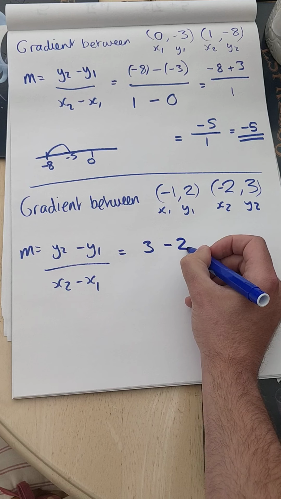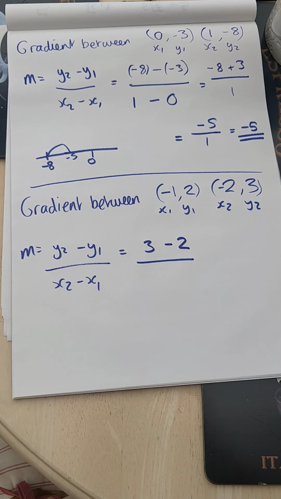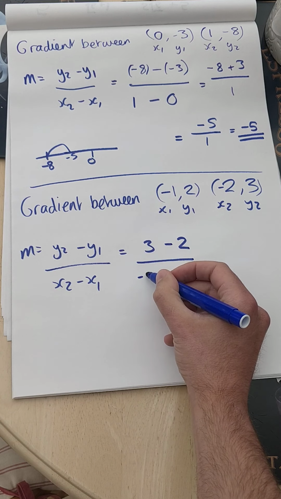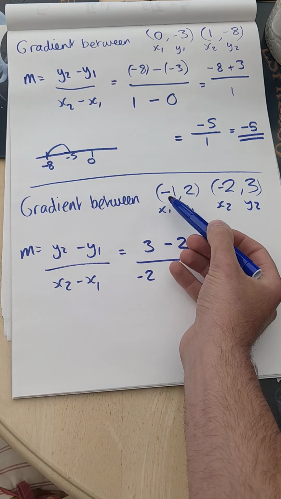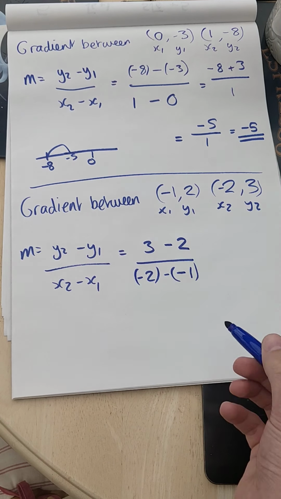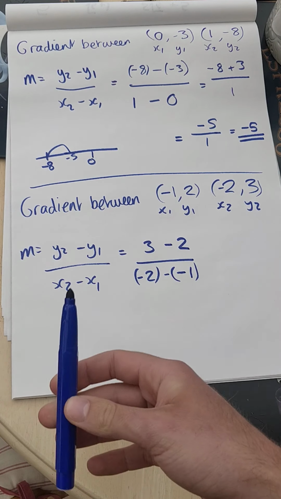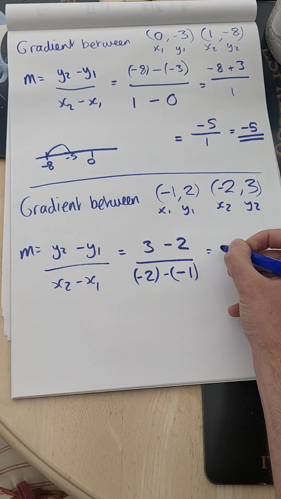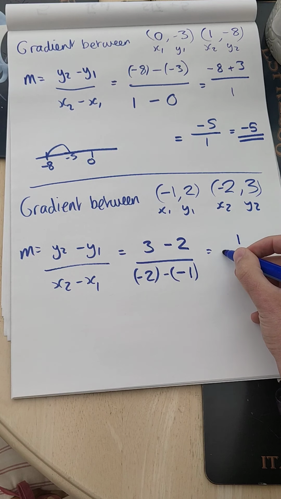So you've got 3 take away 2 over x2, which is negative 2, take away negative 1. Now I always put the negatives within brackets just so it's a bit easier to see what I've put in where. So 3 take away 2 is just 1.